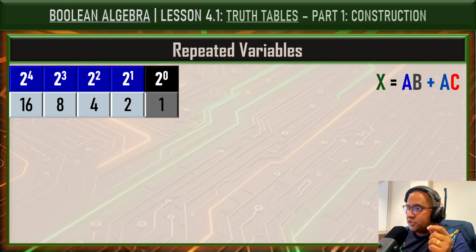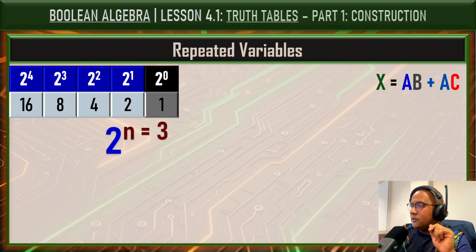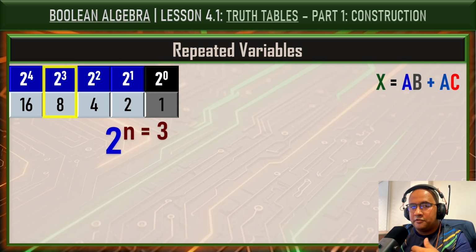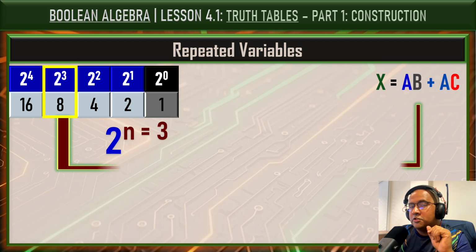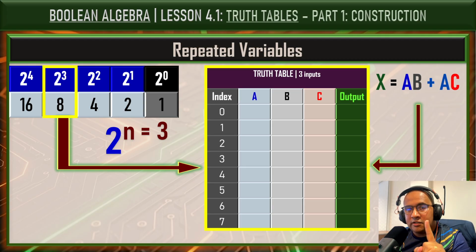In this expression, we have A, B, and C. Even though A appears twice, it still represents only 1 input. So this is a circuit with 3 inputs, not 4, okay? Therefore, n equals 3. So we calculate 2 to the power of 3, which gives us 8. So the truth table will have 8 rows, okay? Remember, repeated variables do not create new inputs.